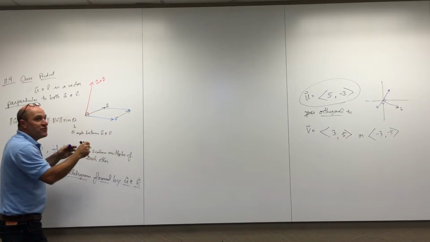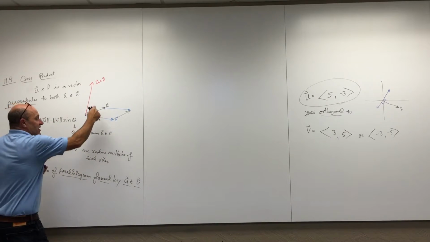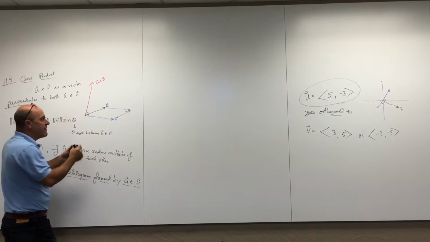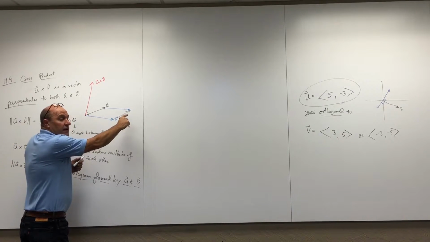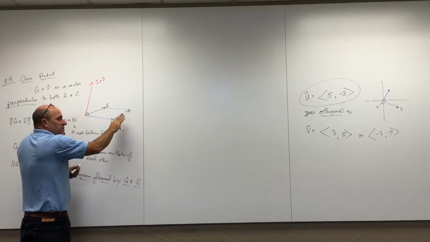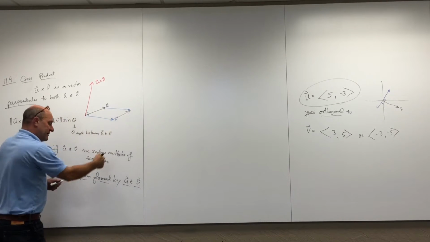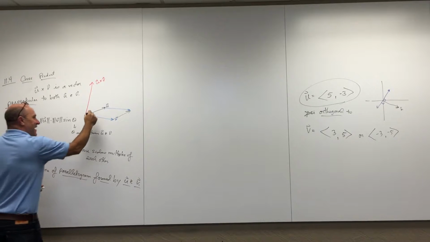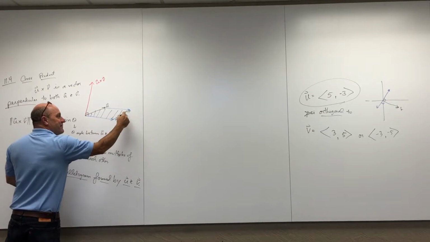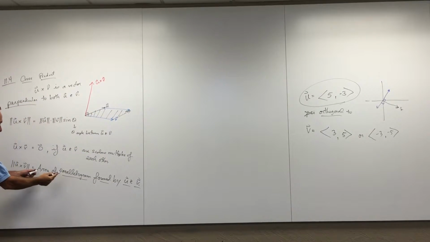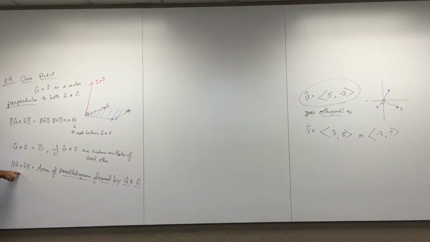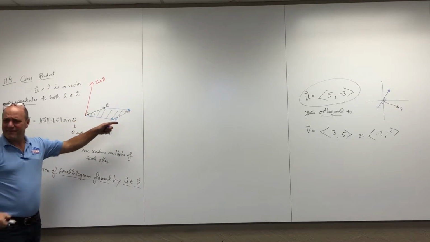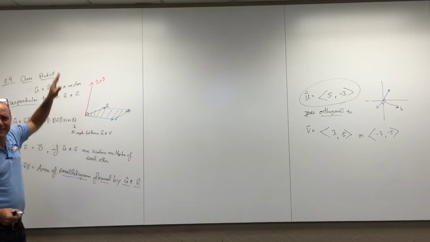When you add vectors to each other, they form this parallelogram, and then we did this to talk about the resultant. But forget the resultant. I'm just forming the parallelogram, and look what it says. The area of that parallelogram is equal to the length of that vector.